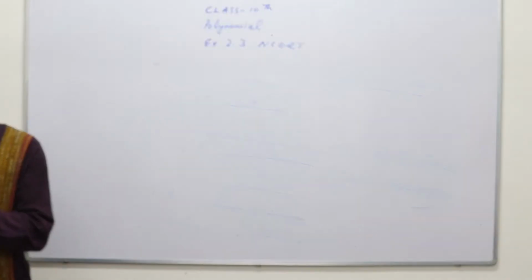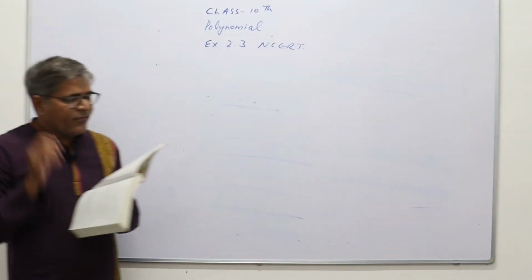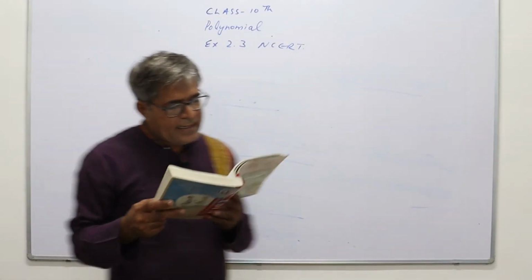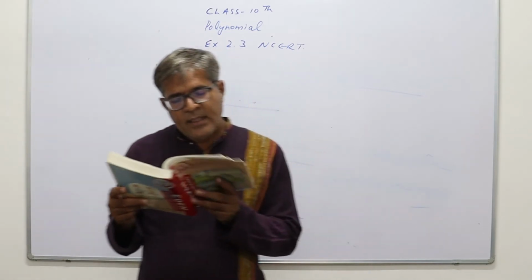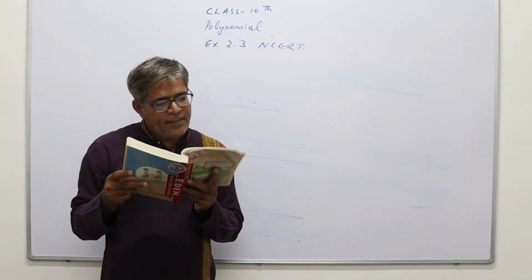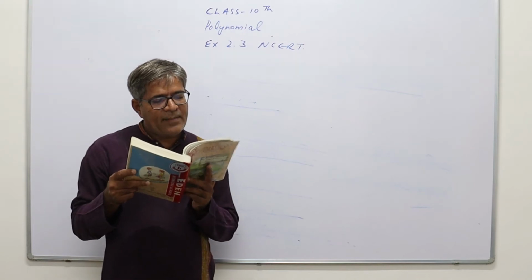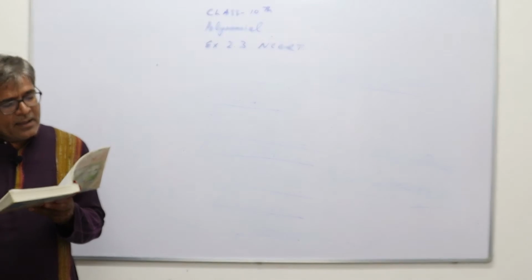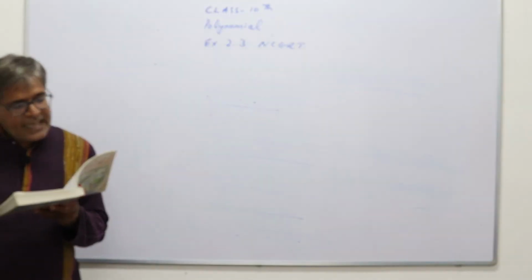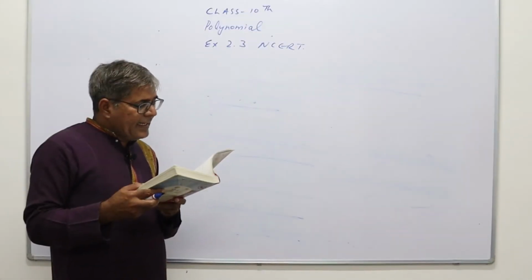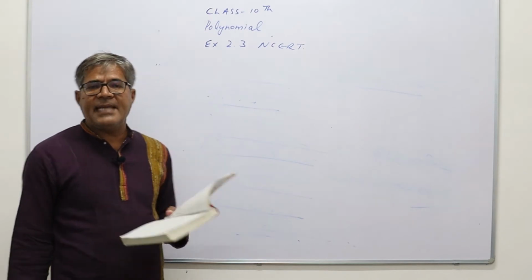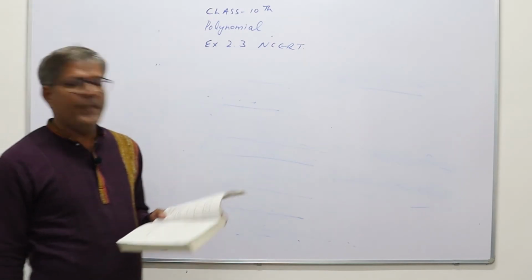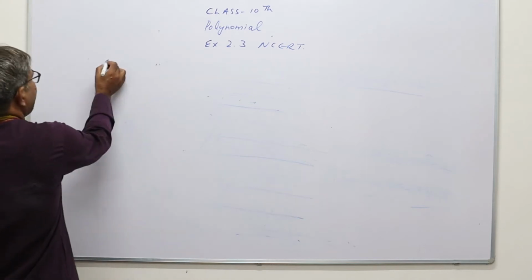Question number second, read it carefully. Check whether the first polynomial is a factor of the second polynomial by dividing the second polynomial by the first polynomial. If one polynomial is a factor of the second polynomial, then it will completely divide the second polynomial and the remainder will be 0.